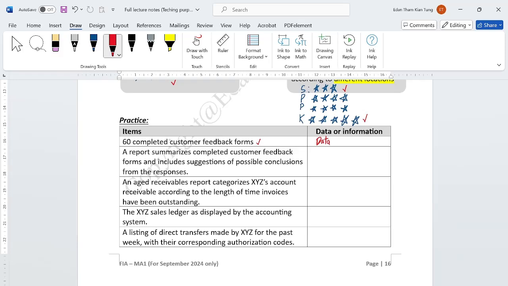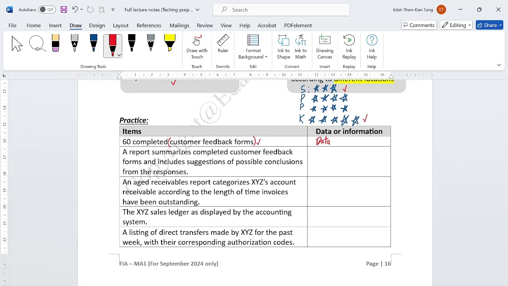So after we process, what kind of information can we obtain? For example, these are customer feedback forms. Usually in a customer feedback form we have different aspects, like the first one maybe our bread flavor, the second one packaging. So the information will be the customer satisfaction rate for different perspectives.